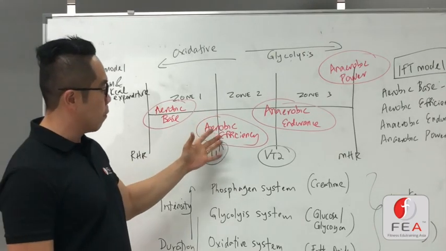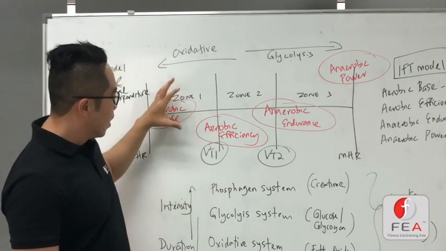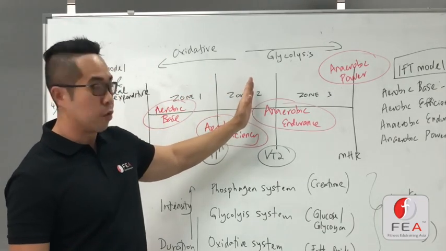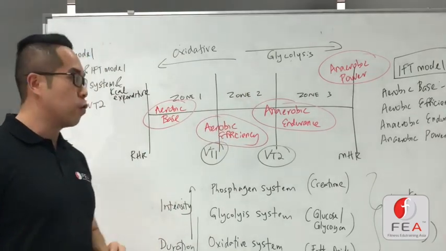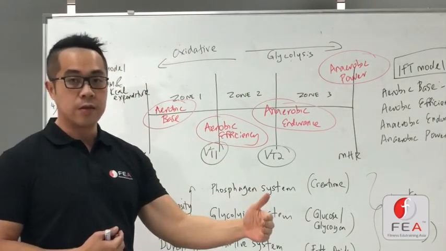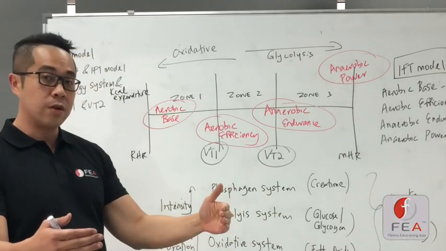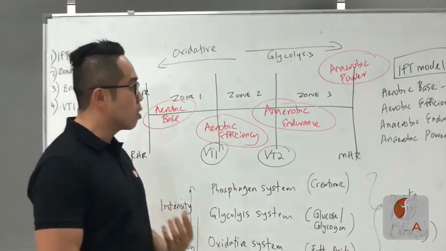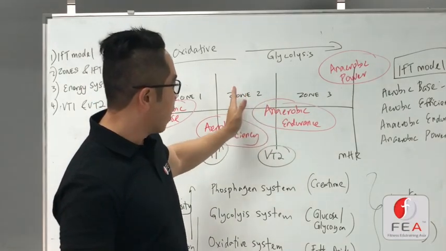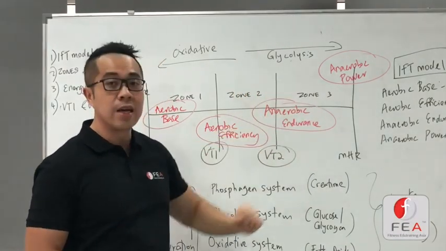To train for aerobic efficiency, you usually train at late zone 1 up to zone 2, the entire zone 2. Now, if you have clients who want to improve their endurance, what I mean here is at a faster speed as well as longer duration, called fitness, then they may want to consider working at the anaerobic endurance phase, which is the end of zone 2 and the entire zone 3.